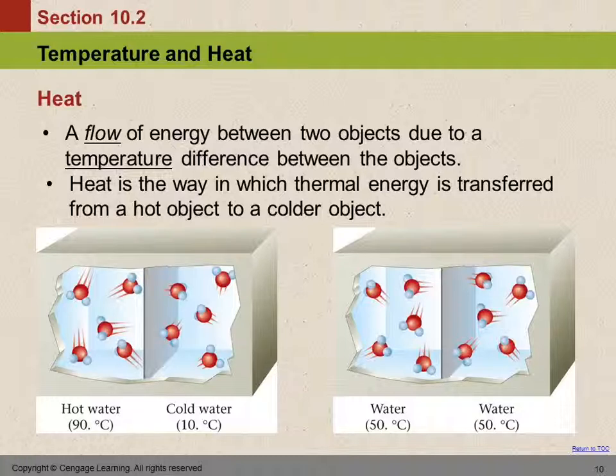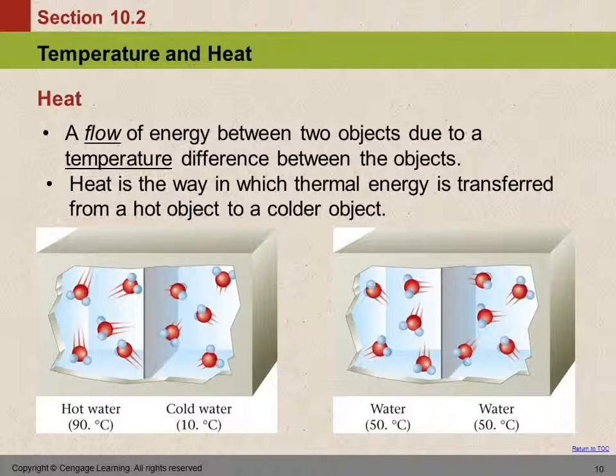Well, we know from experience that if you put a hot object next to a cold object, the heat from the hot object is going to transfer to the cold object. The hot one cools down, the cold one warms up until they end up at the same temperature. How does that happen? Heat is a flow of energy, a movement of energy from one substance to another based on the temperature difference.